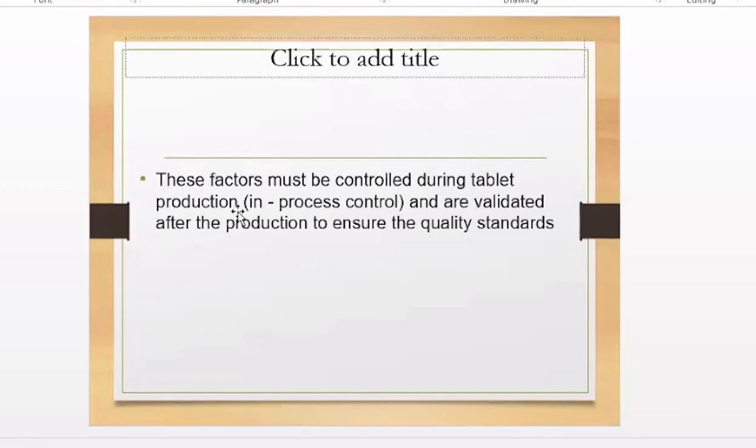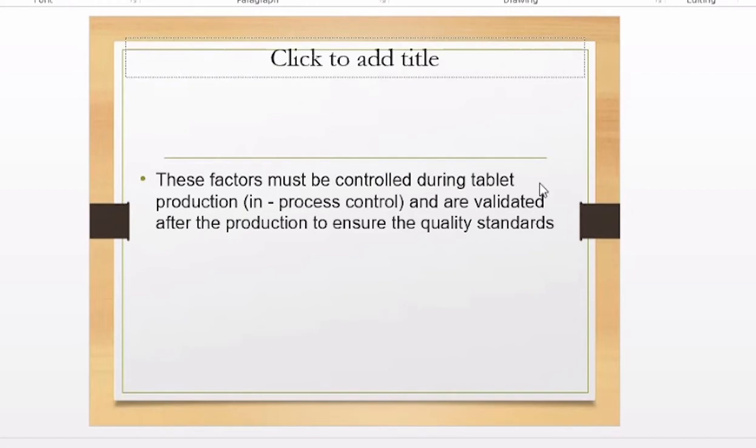So these factors must be controlled during tablet production, which is what we refer to as the in-process control. And then they are validated after the production to ensure quality standards. I think I did talk about these processes as part of standard operating procedures during manufacturing. You'll be taking some tablets and then assess those tablets for a number of these factors we have listed.